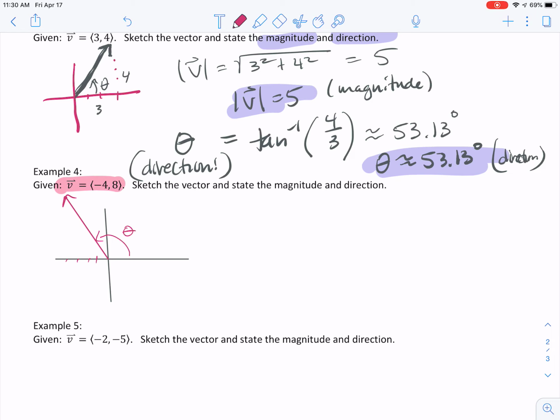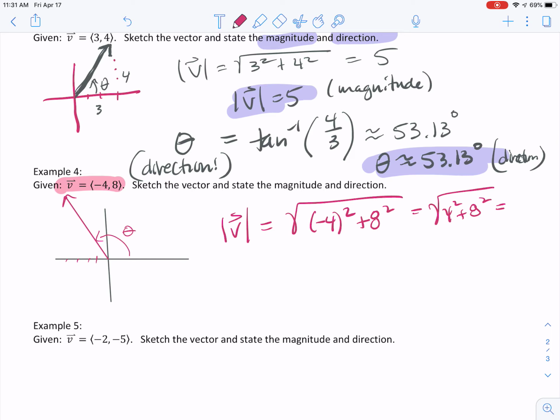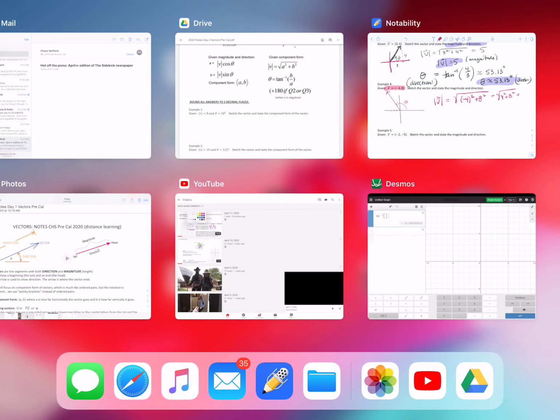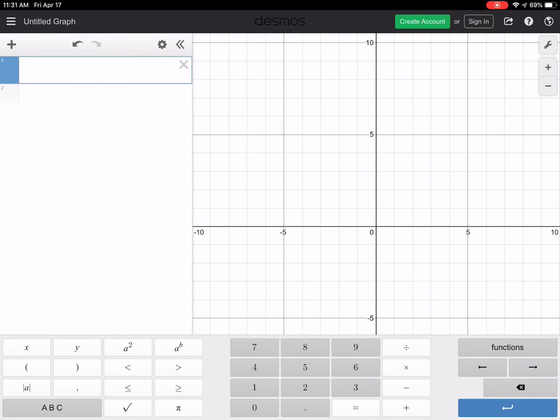So magnitude's fine. You just have to be a little bit careful with magnitude because the magnitude is, now watch, parentheses negative 4 squared. Or just leave out the negative, 4 squared plus 8. Don't even write that. So you'll just come back here to your Desmos. And you can just do calculations.